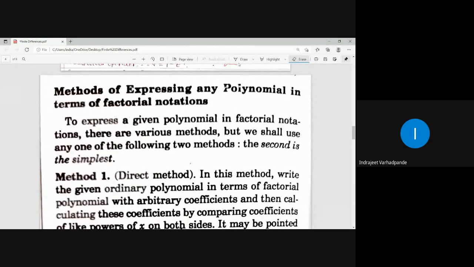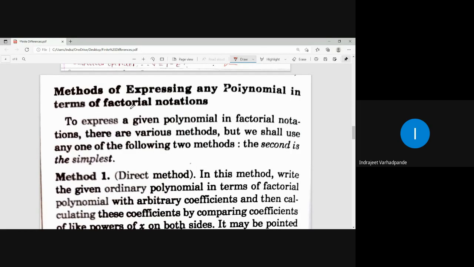The next topic of discussion is methods of expressing any polynomial in terms of factorial notation. In the prior topic, we dealt with the factorial notation as well as the factorial polynomial.